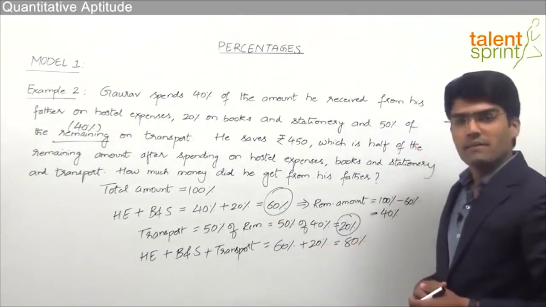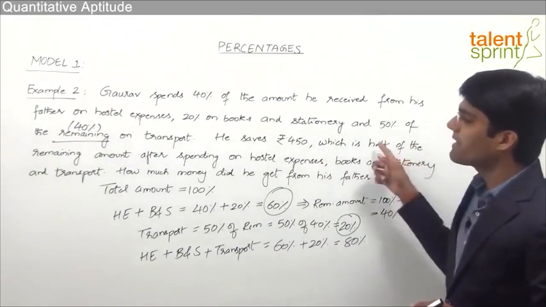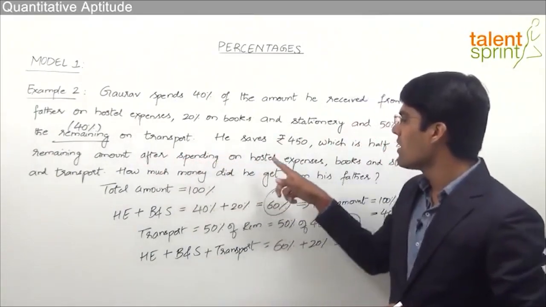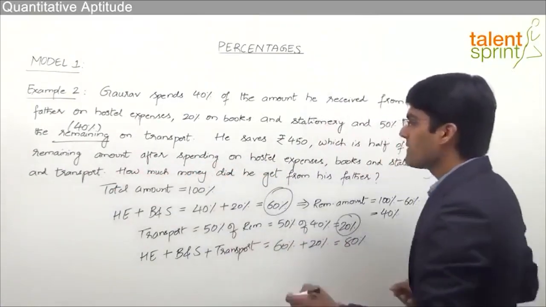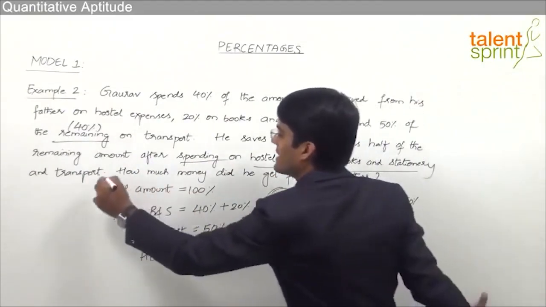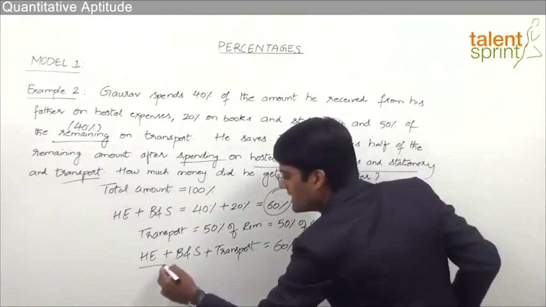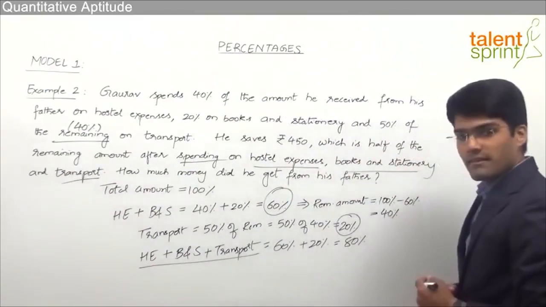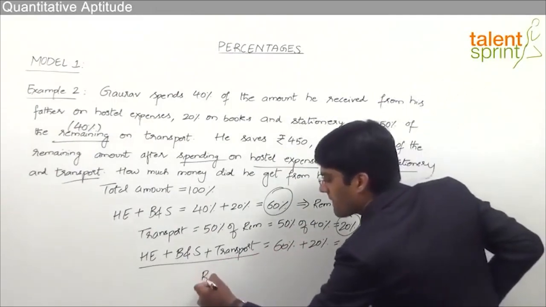Now going by the next part of the question, he saves rupees 450, which is half of the remaining amount after spending on hostel expenses, books and stationery and transport. So after spending on these three areas, the remaining amount is 20%. Why? Because the total of these three expenses is 80%. So we can say that the remaining amount is 100%.